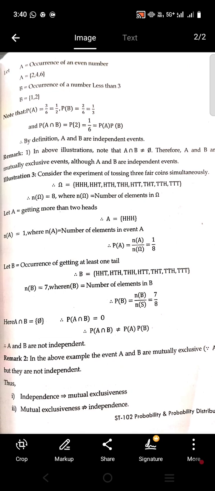First, let A equal getting more than 2 heads.